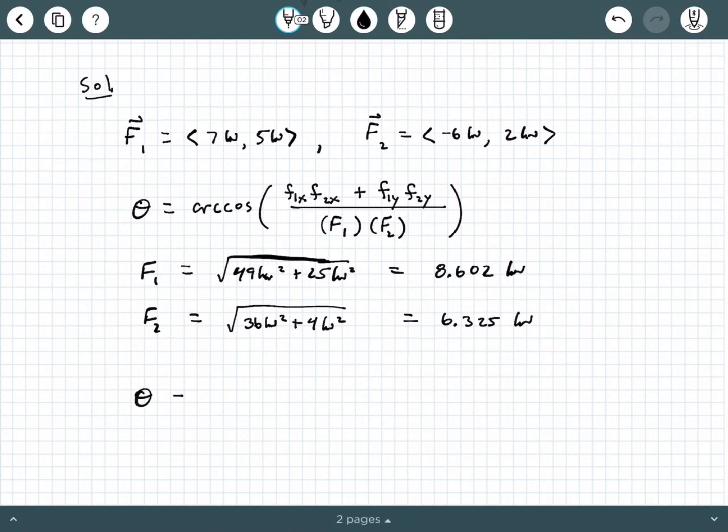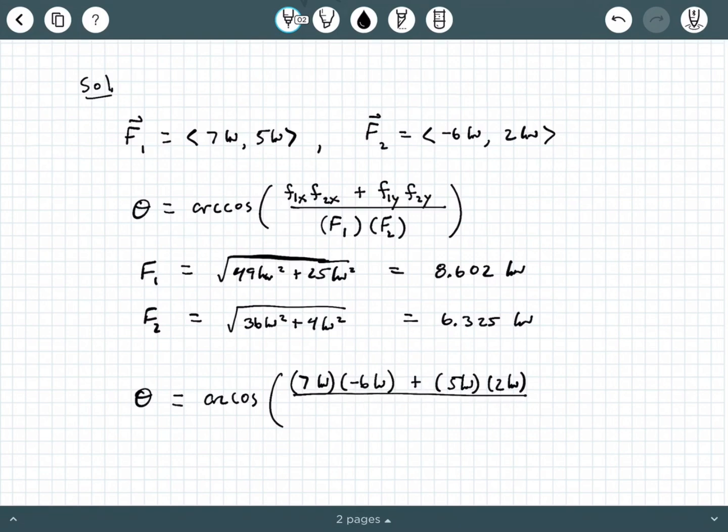Piecing this together, theta equals arc cosine of 7 kilonewtons times negative 6 kilonewtons plus 5 kilonewtons times 2 kilonewtons, all divided by 8.602 kilonewtons times 6.325 kilonewtons. We take the arc cosine of all of that. So let's punch this carefully into our calculators.